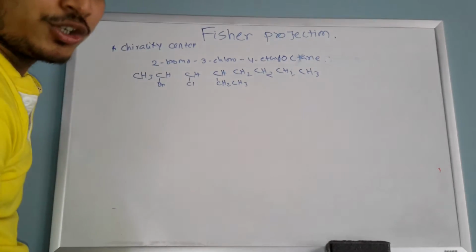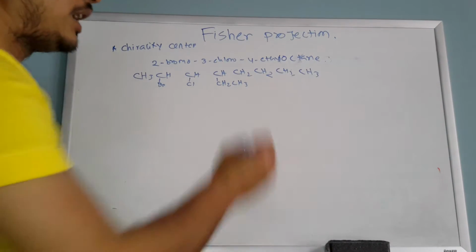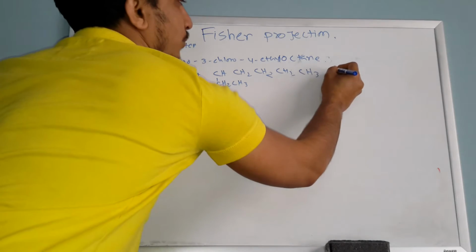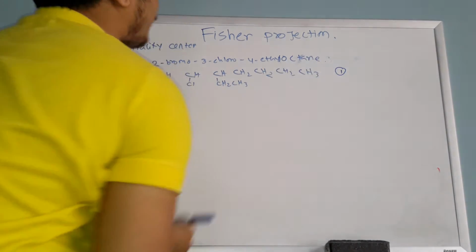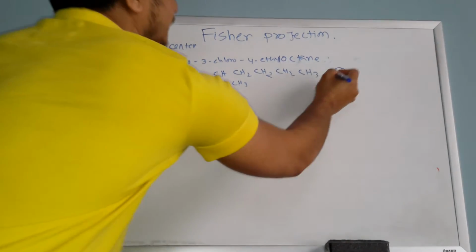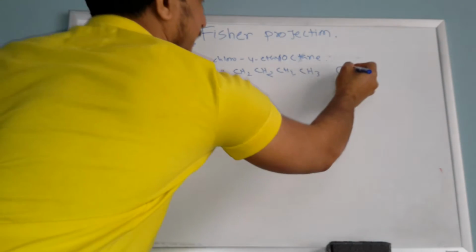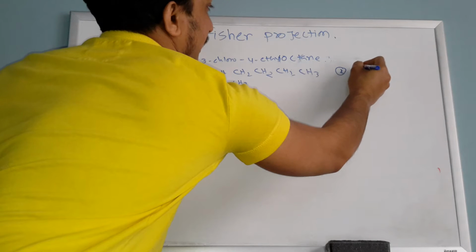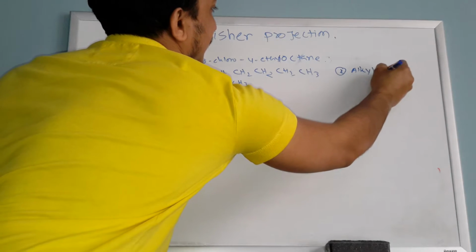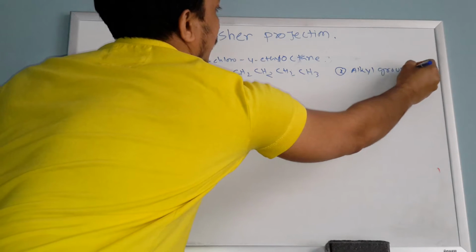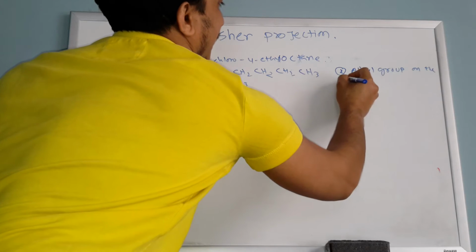How can you do the Fischer projection? There is a formula for the Fischer projection. I'll write it for you on the right side. First, the chirality center. The second is the alkyl group on the vertical line.